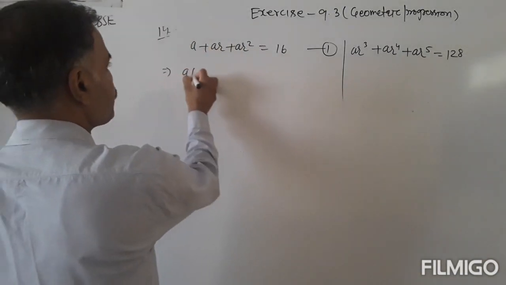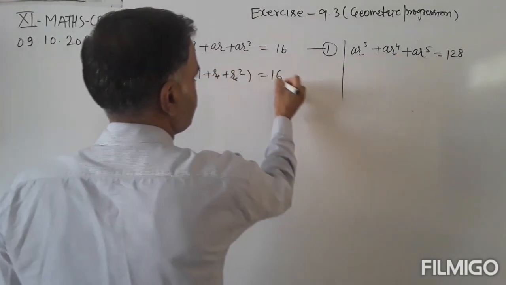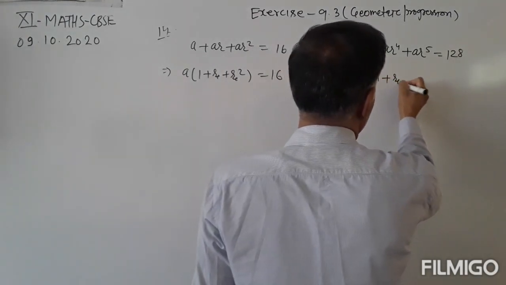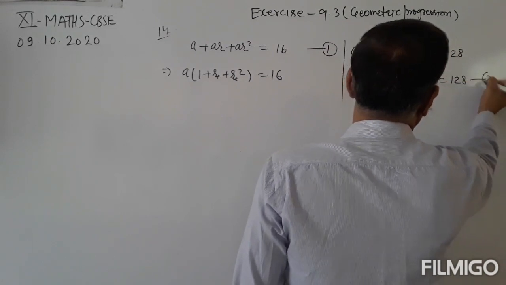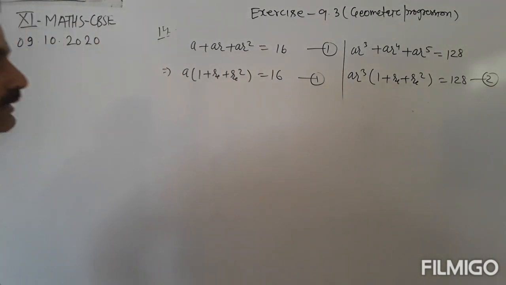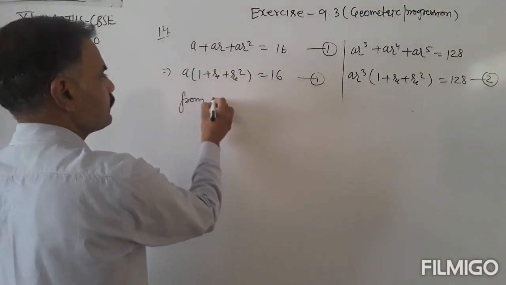So taking a as common, a into 1 plus r plus r square is equal to 16, equation number first. Taking ar cube as common, ar cube into 1 plus r plus r square is equal to 128, equation number second.